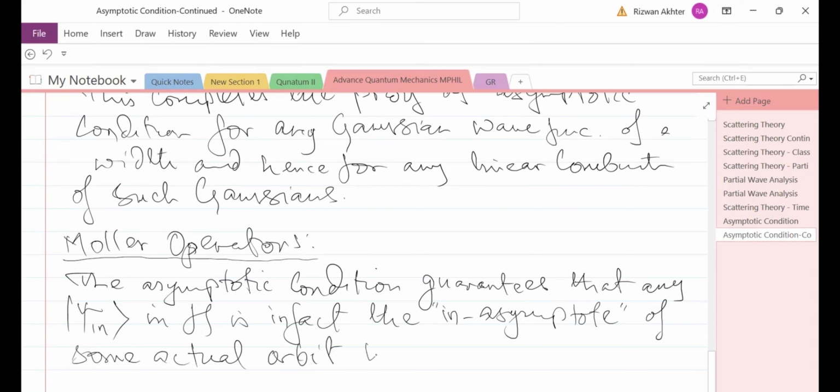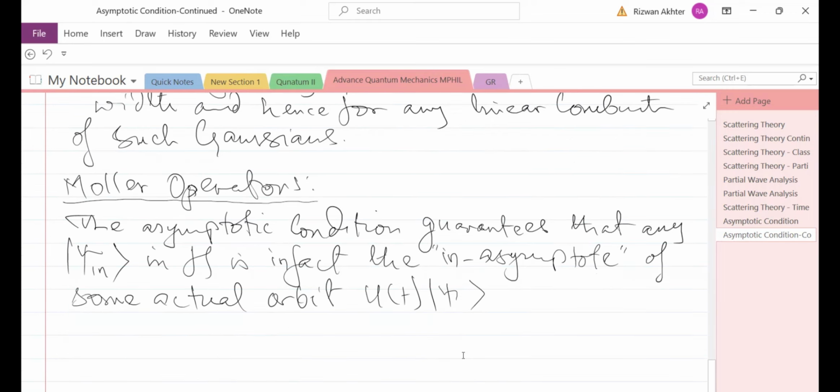Actual orbit means U of t psi. And similarly, you can say the same thing for the psi out as well.